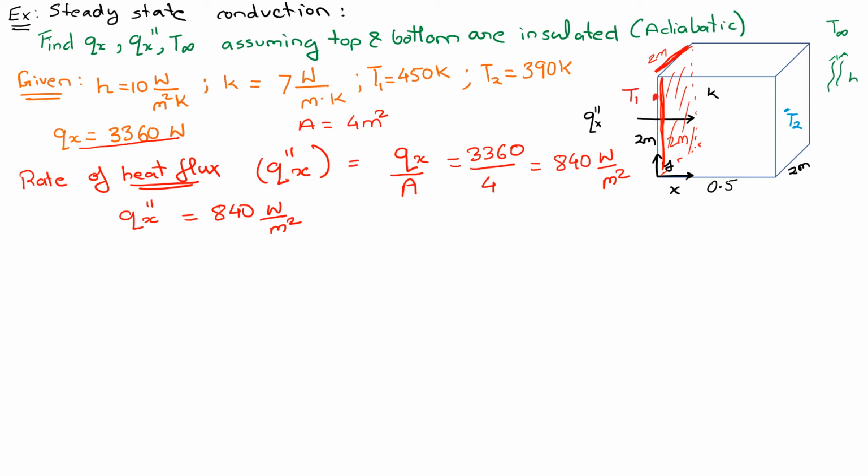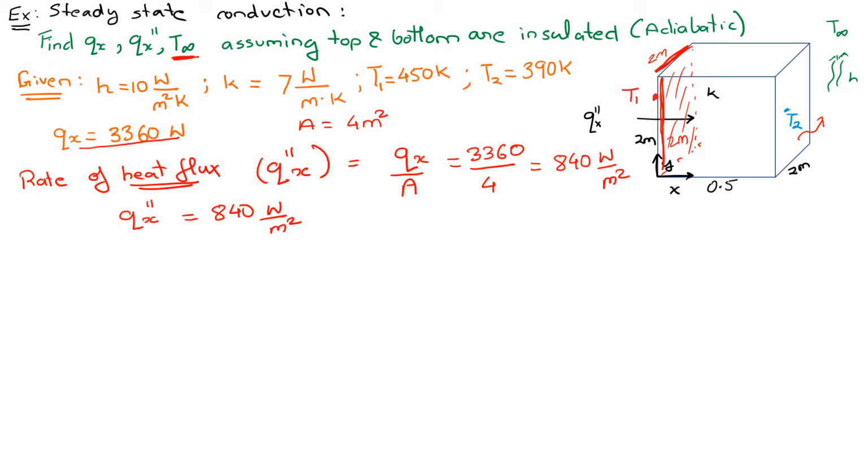Now the third thing that we have to find is T infinity. What's happening in this problem is that heat is being transferred from the surface T2 to the surrounding because of the temperature difference between the surrounding and the surface.